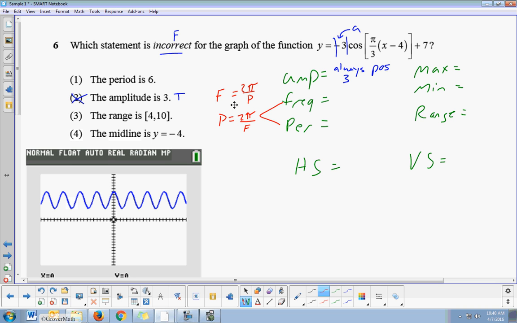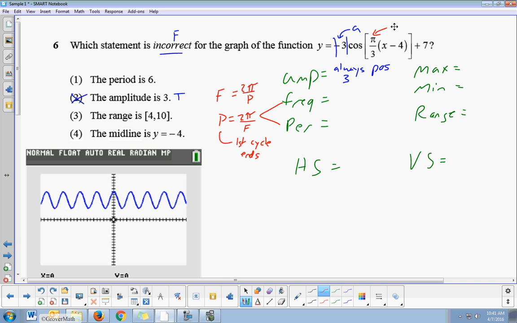Word problems tend to give you the period, and they tell you when the first cycle ends. So they'll say it takes 20 minutes to go around the Ferris wheel. 20 minutes is your period. So from word problems, we tend to be given the period. From equations, we get frequency, and that's what this is right here.